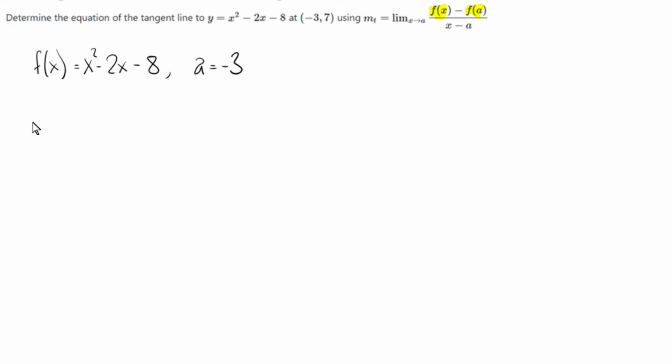So if we go ahead and do that, the slope of the tangent line equals the limit as x tends to a, which is -3, so x tends to -3.